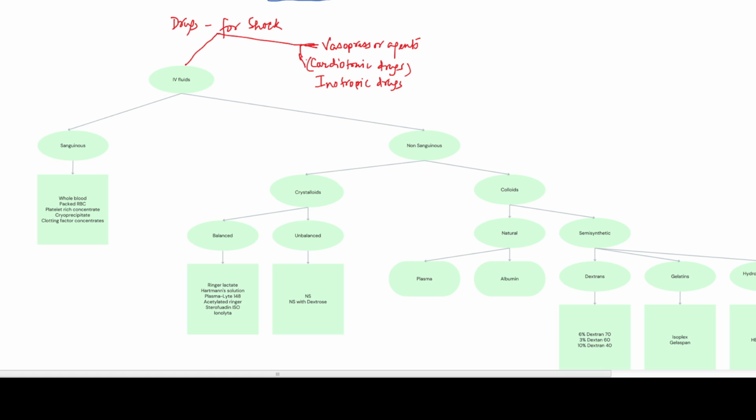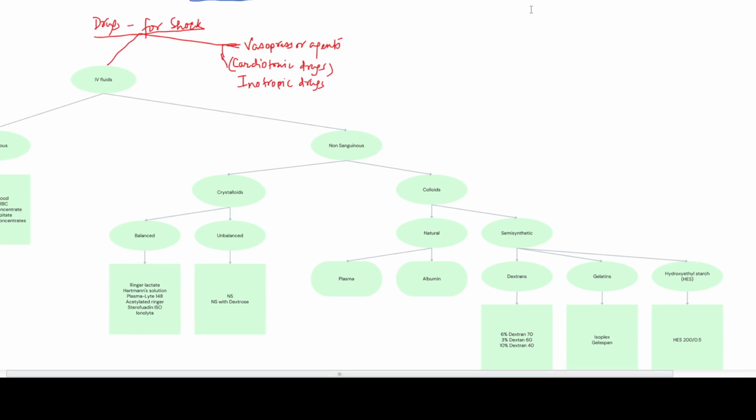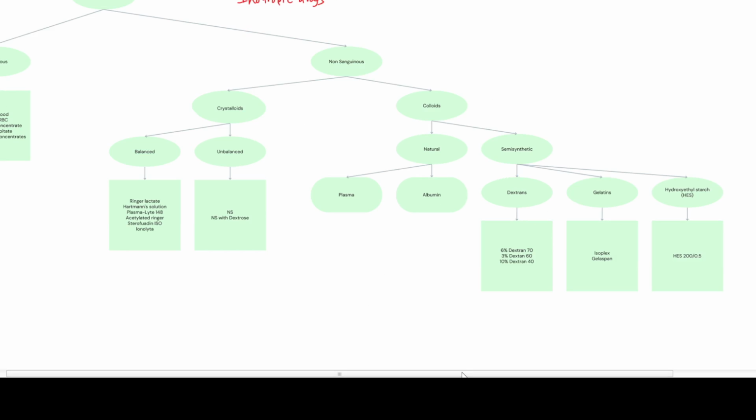Okay? So these are the most important classes of drugs for shock, which we would be looking at as the lecture progresses. Okay? So the first class of drugs that we're going to look at are IV fluids.